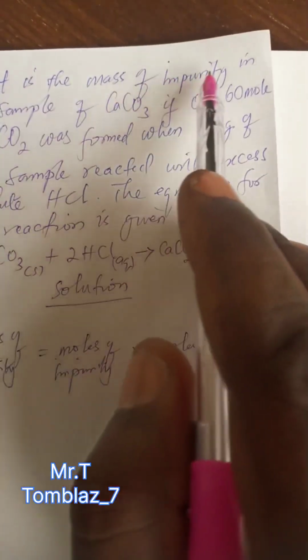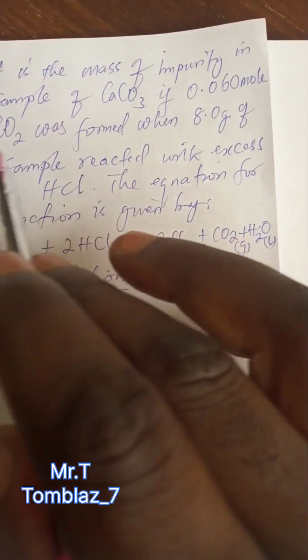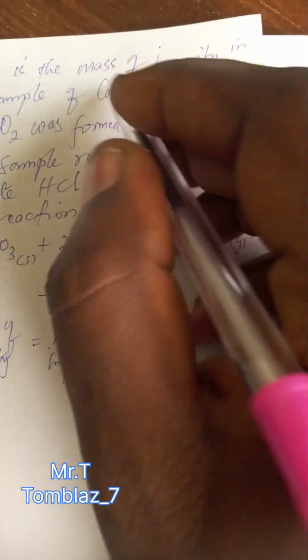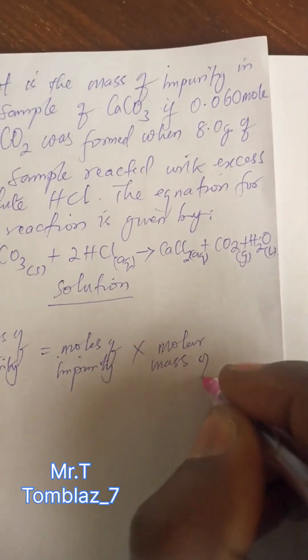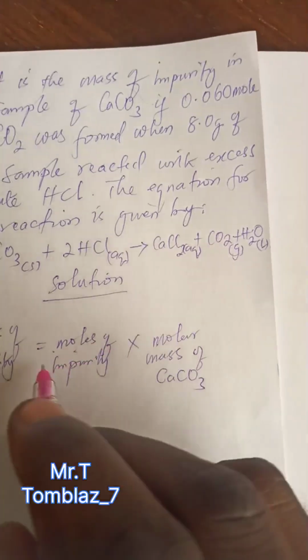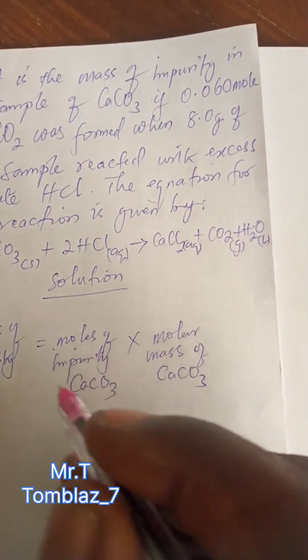They say, what is the mass of impurity in a sample of this? We're going to be looking for the mass of impurity in this, so we look for the molar mass of calcium carbonate. So the moles of impurities in calcium carbonate, right?